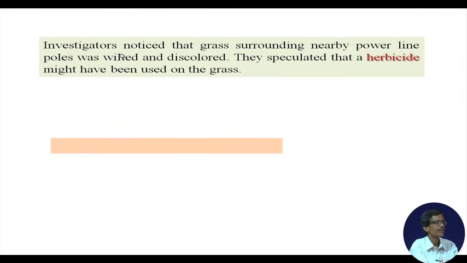Investigators were asked to understand how the grass surrounding the power poles was affected. If we try to monitor the growth of grass, we can put some herbicide. They suspected that some herbicide had been sprayed on these grasses, and that the grass was contaminated, and the concentration or nature of this herbicide could be lethal to the deer.